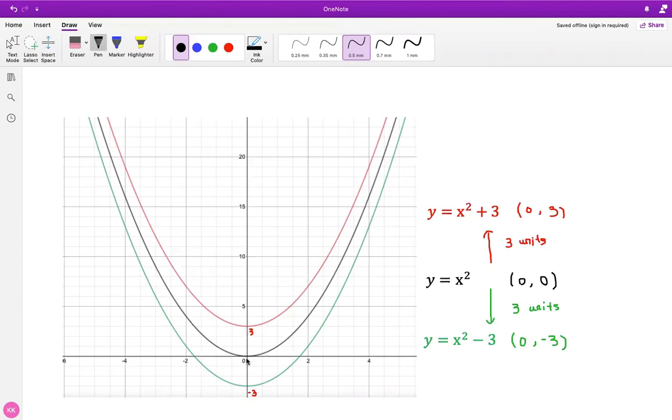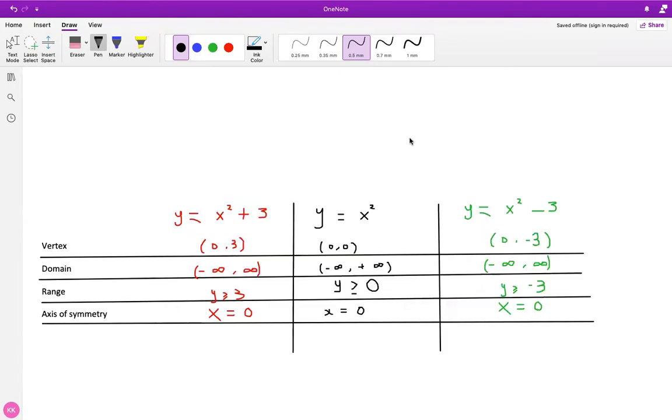At x equals 0, we can separate the left-hand side and the right-hand side, and it makes the graph symmetric. So the axis of symmetry stays the same at the y-axis; x equals 0 is the equation of the y-axis. This is a summary of what I just said: the domain and the axis of symmetry are not affected, but the vertex and range are affected when I shift the graph upwards or downwards.